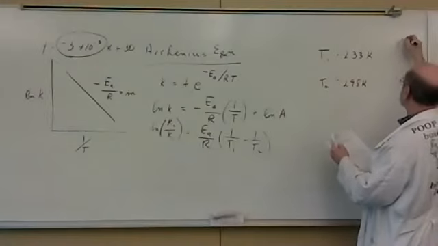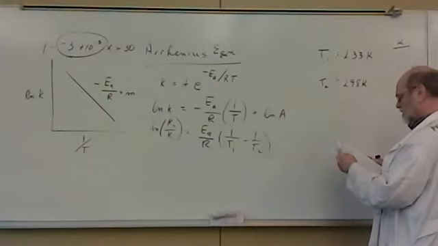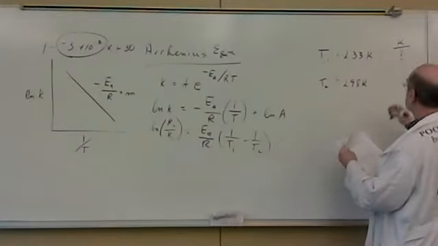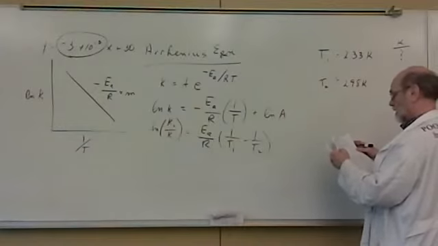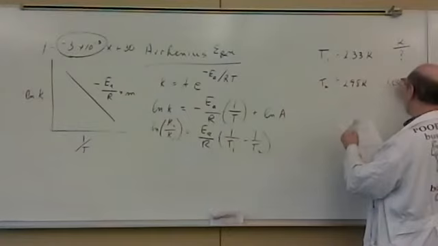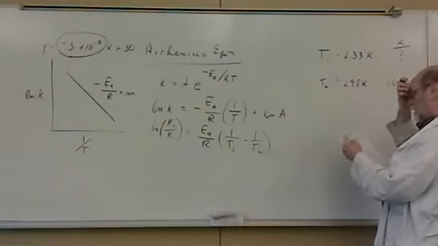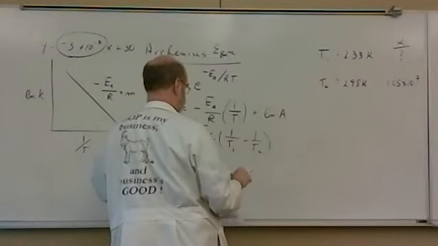So the K for 1, which is the one we don't know, and the K for 2 is 1.08 times 10 to the 7. Okay. So that's what was given.